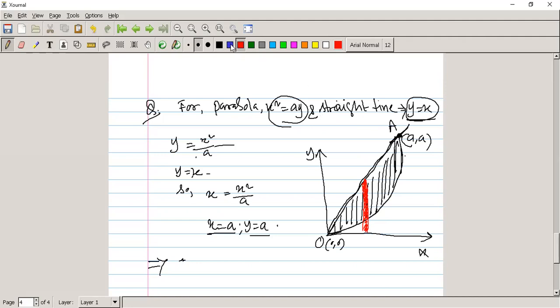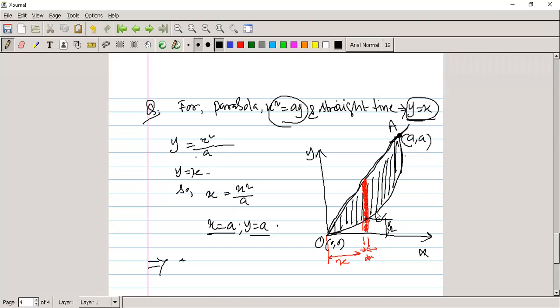Take this one as a width of dx at a distance x, and take this point in the middle as E, which has a height of, consider y2.